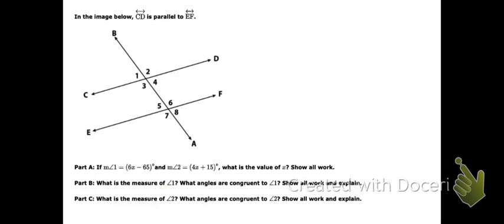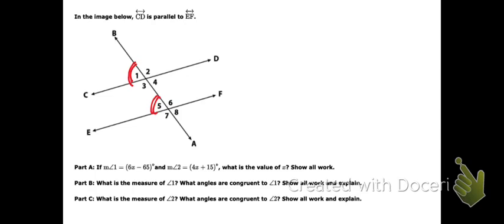Now, the last part is to describe angles that are congruent to 1. So angles that are congruent. Angle 1 is right here. The angle that is congruent is in the same spot down below. So if we look here, notice angle 5 and angle 1 are in the same spot.